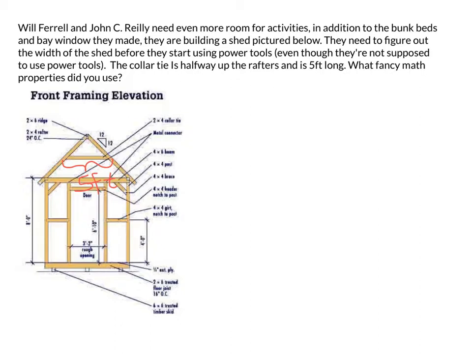Okay, so how wide is that shed going to be? Well, if we apply what we know about mid-segments, then that width right there is going to be double. So 10 feet wide. Awesome. What would that mean about this down here? Also 10 feet. And if you see over here on the left, the height of the shed, this is 8 feet.